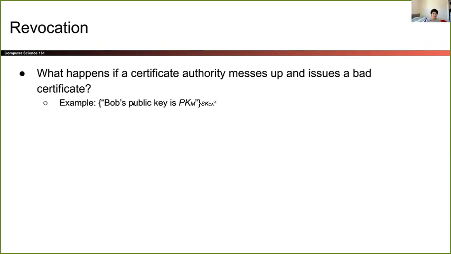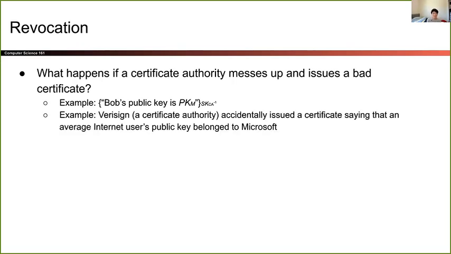If we say Bob's public key is PK_M, PK Mallory, and it's signed by the certificate authority, this becomes a problem. A more real-world example of this is VeriSign. VeriSign is a very common certificate authority. I think they also happen to be in charge of the .com domain, so they basically own part of the internet.